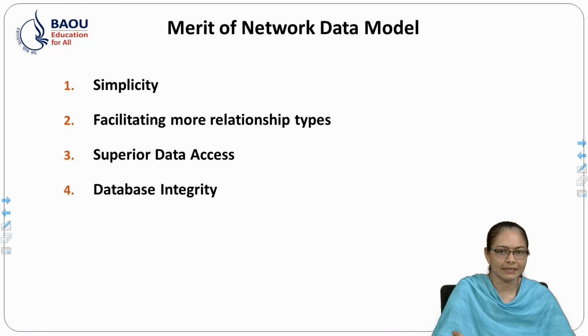It enforces integrity and does not allow the member or child to exist without the owner or parents. So the child is not created without the parents. The School of Computer Science is not possible without the Bow University. So it maintains the data integrity.